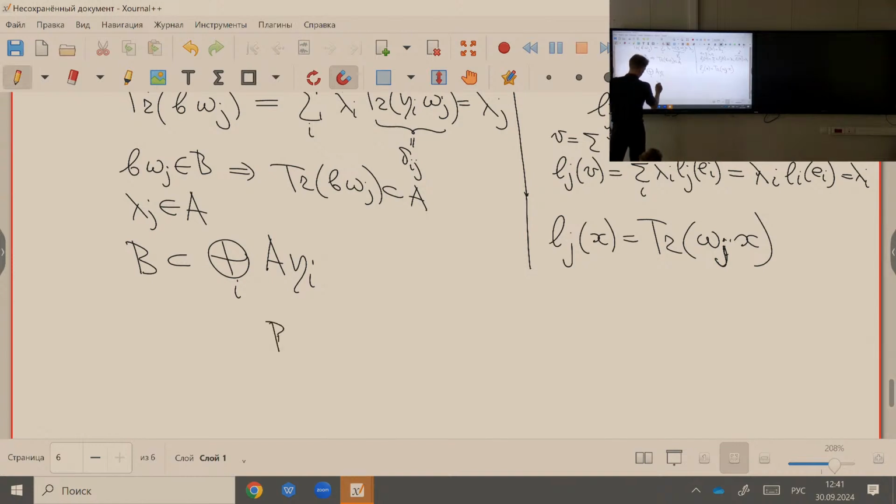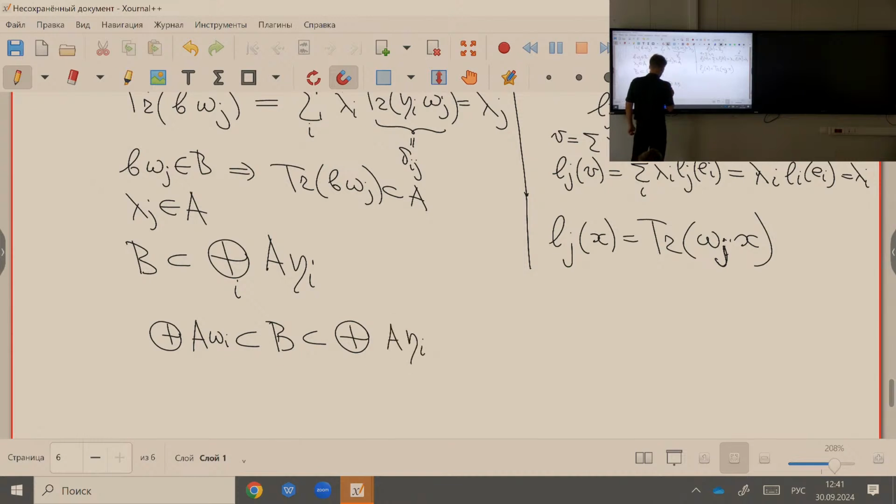B was bounded between. And notice that if you wish, you can make eta i equal by multiplication. You may express each eta i by omega j, and in order to do it you should probably use denominators. Yeah, that's true.